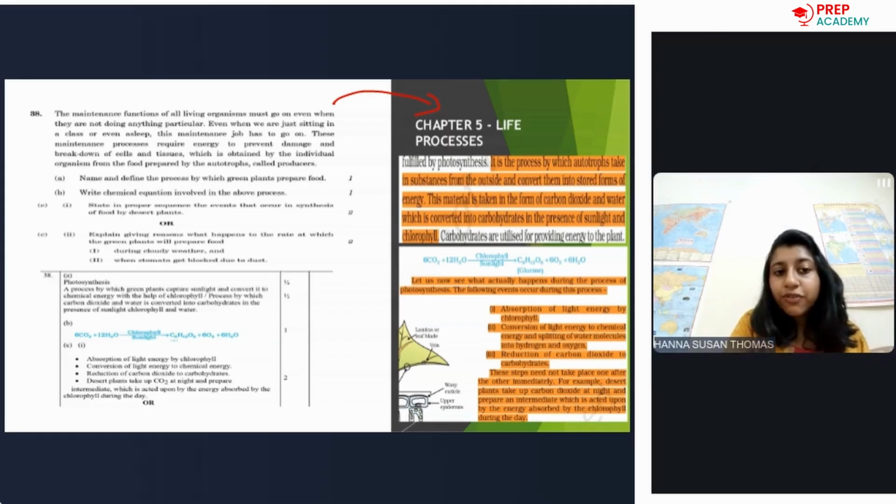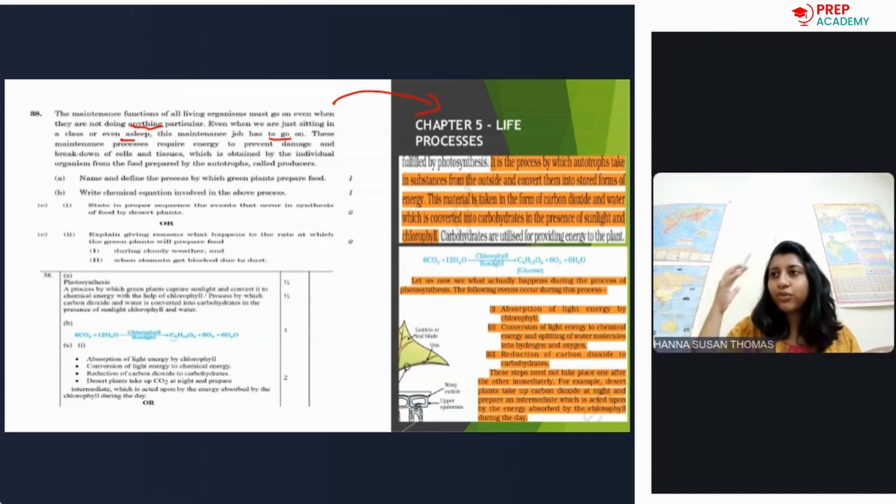The maintenance functions of all living organisms must go on even when they are not doing anything particular. Even when we are just sitting in a class or even asleep, this maintenance job has to go on. So some scenario or one paragraph is given.